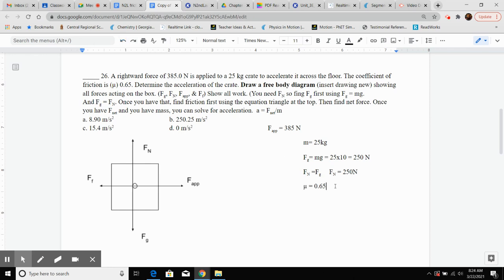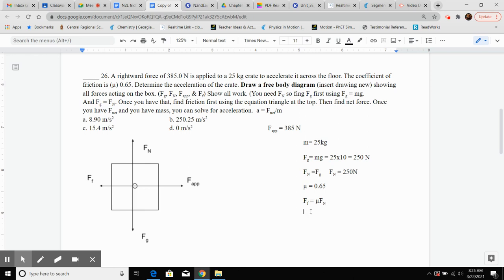And our equation at the top, friction force is equal to mu times the normal force.